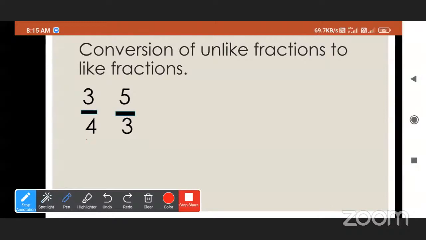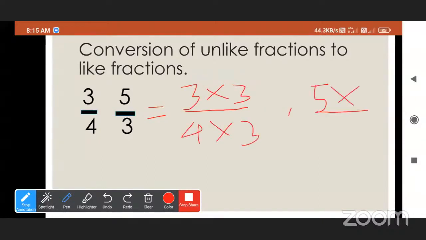We will cross multiply. See here what we have to do. 3 multiplied by 3 and 4 multiplied by 3, then 5 multiplied by 4 and 3 multiplied by 4. We will multiply both the numerator and denominator by the denominator of the second fraction.